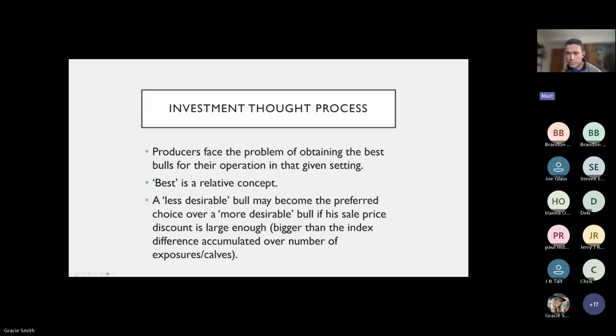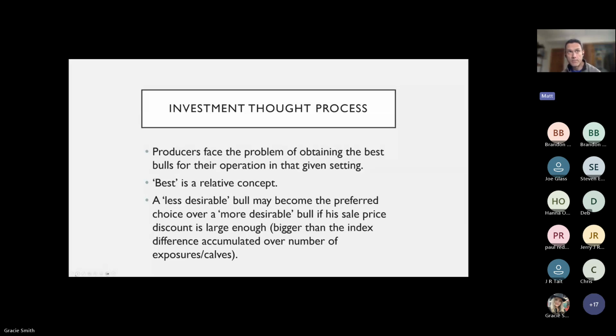And I also encourage people to think about buying bulls, in light of having indexes, as an investment process. So producers that purchase bulls or semen are tasked with obtaining the best for their operation. But I always argue that best is a relative concept.